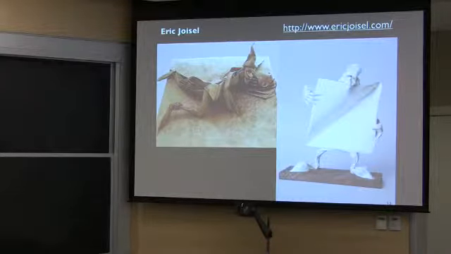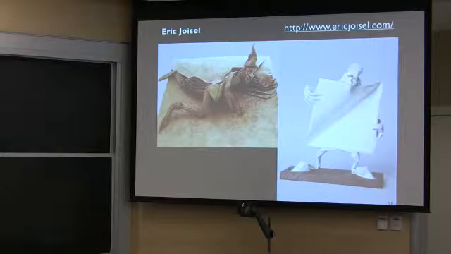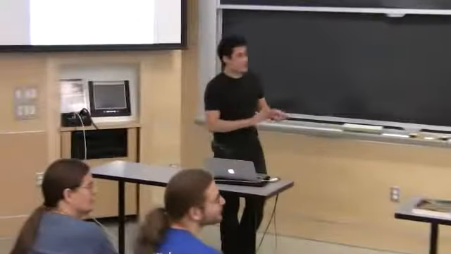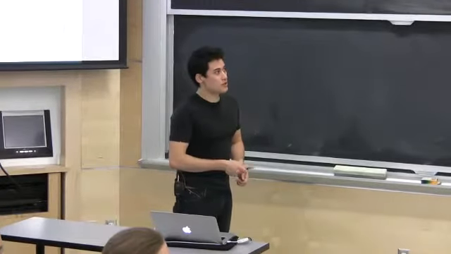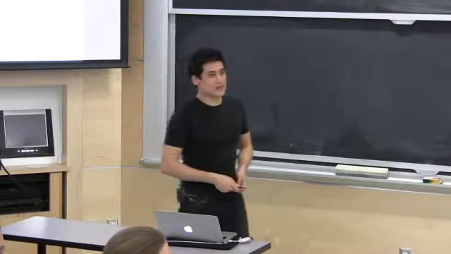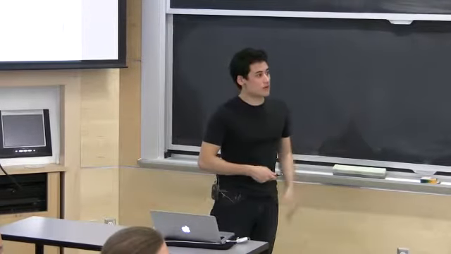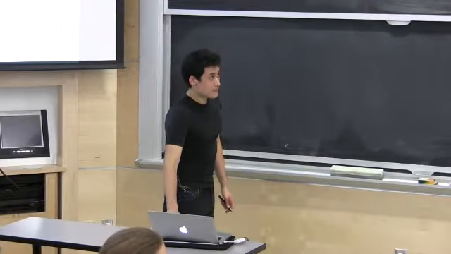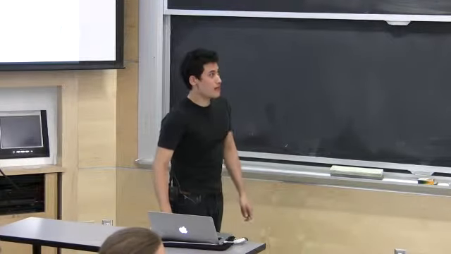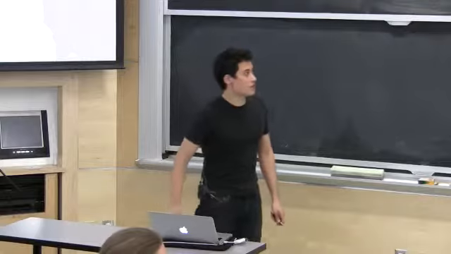But really, using paper to express an artistic idea, very few people get to that stage of competency with the technical and being able to infuse that emotion into the subject. So Eric Joisel is a pioneer in that realm of origami art.